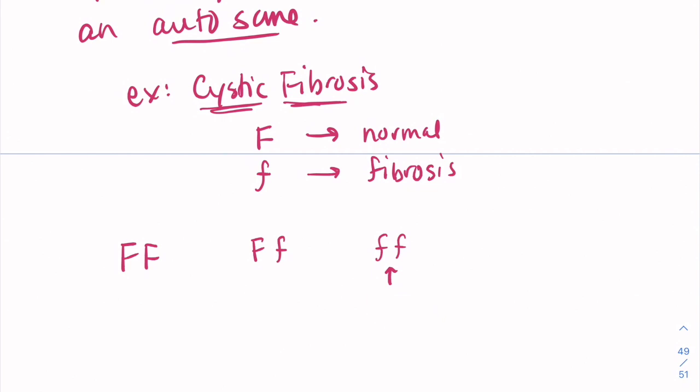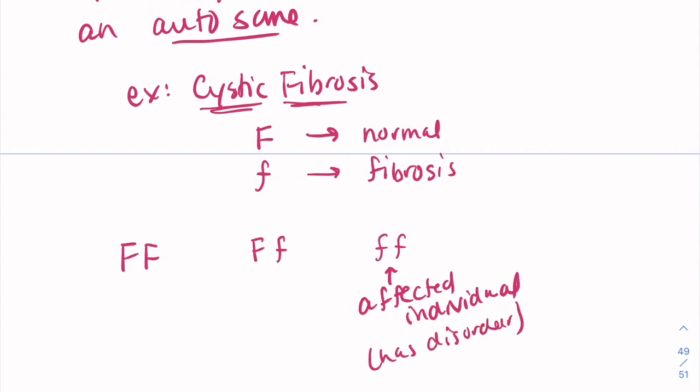Let me write this a little differently. The affected individual, the one who has the disorder, is always homozygous recessive for autosomal recessive disorders. All right, but this person over here has got a normal phenotype. But there's something special about this person who is heterozygous.